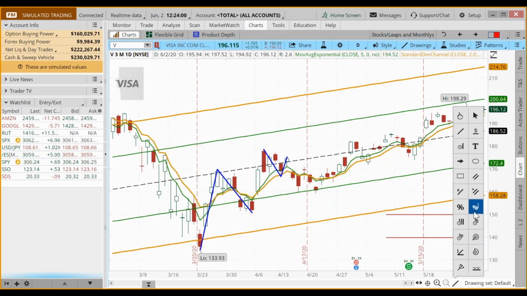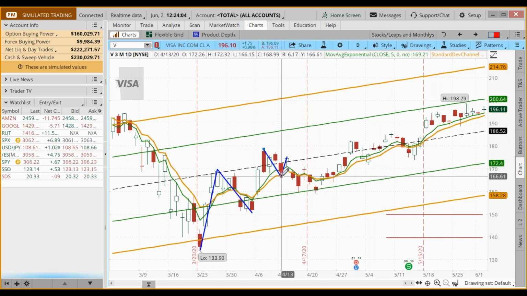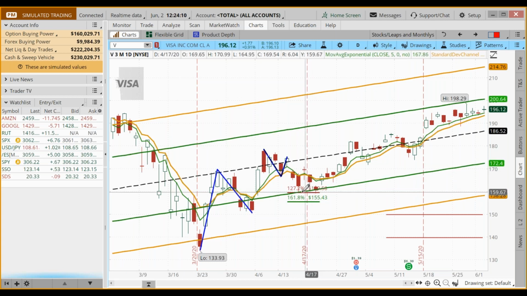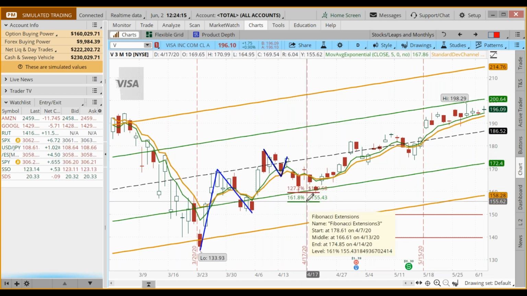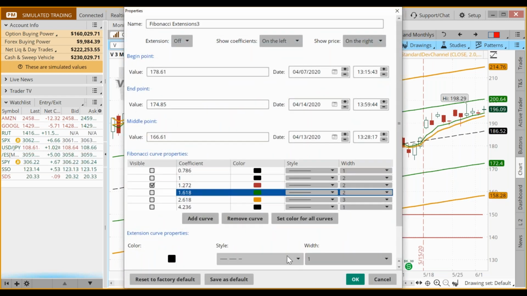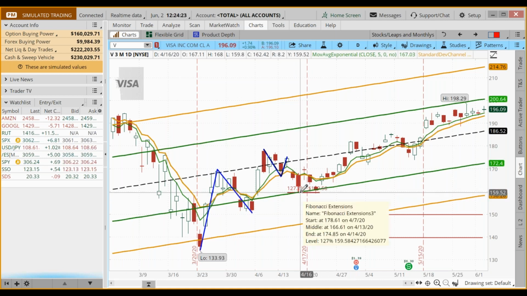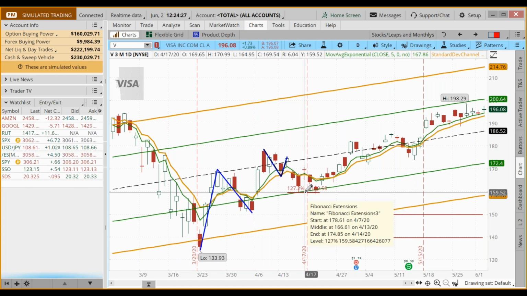Let's see what we got there. It came down to the 127 and halted. Plus, it hit the -1.